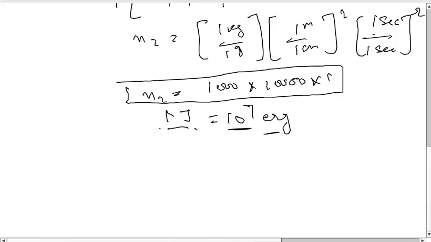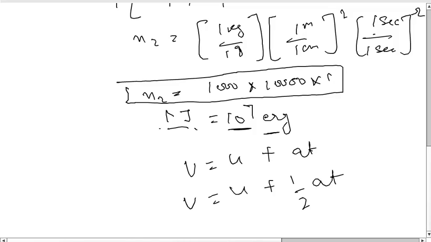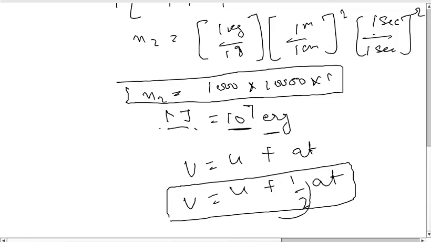Whether I write v is equal to u plus at, or v is equal to u plus 1 by 2 at, I cannot determine by dimension analysis whether this 1 by 2 should be here or not, right? So we can check the dimensional correctness but not the overall correctness of the equation. These are the limitations of the dimensional formula.